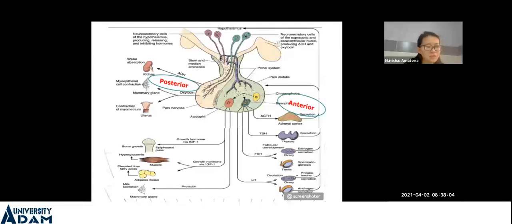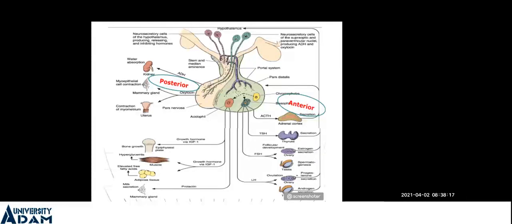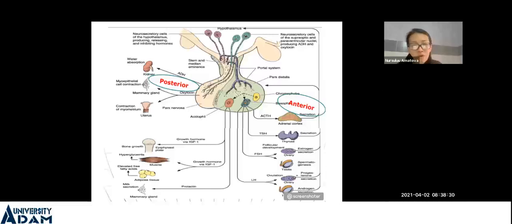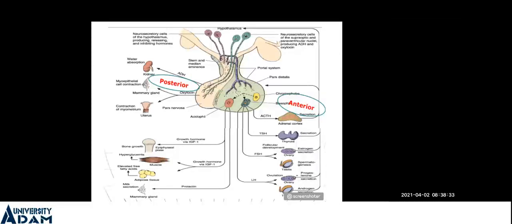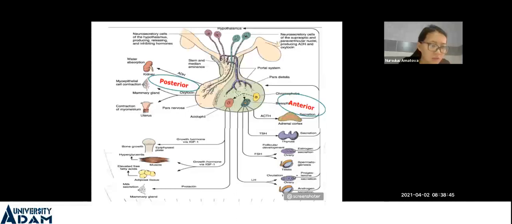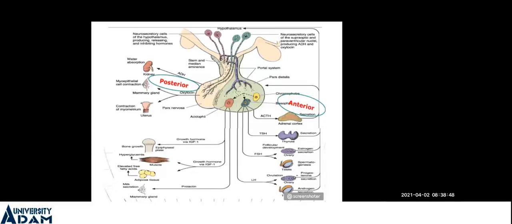Corticotrophs. Ma'am, corticotrophs. Yes, you said about hormones of basophils, but they are basophil cells in the anterior pituitary that produce opiomelanocortin, which undergoes cleavage into ACTH.